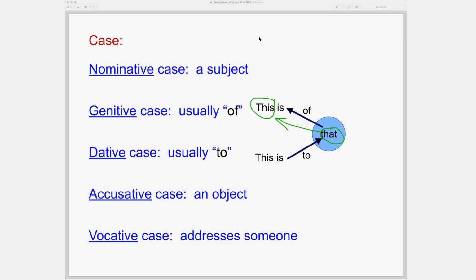Okay. So then, for dative case, we usually translate that, and I emphasize translate that, with the preposition "to." And here you see that this relates to that in terms of direction, going that way.